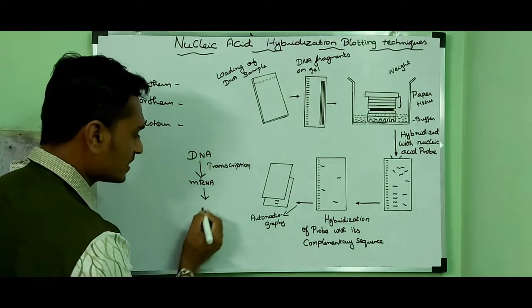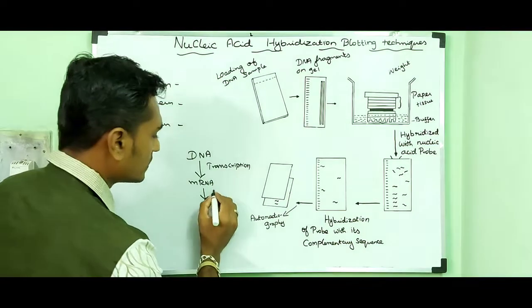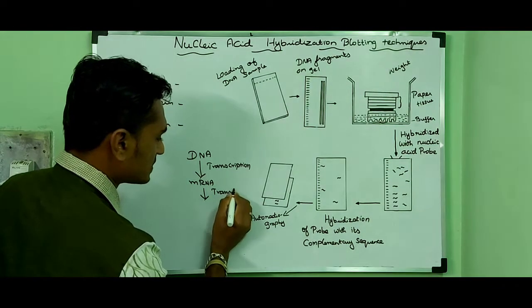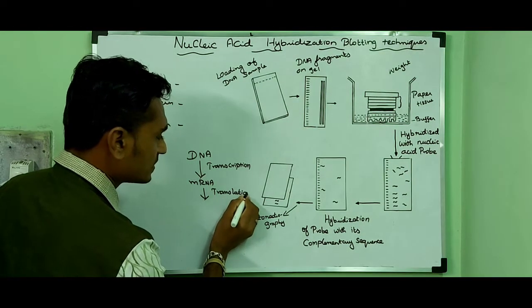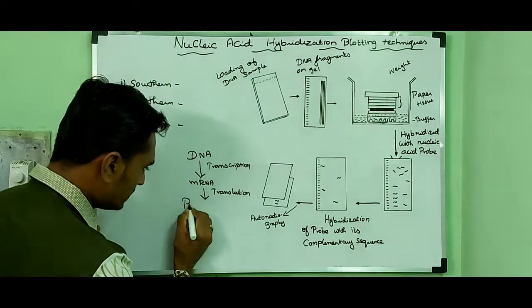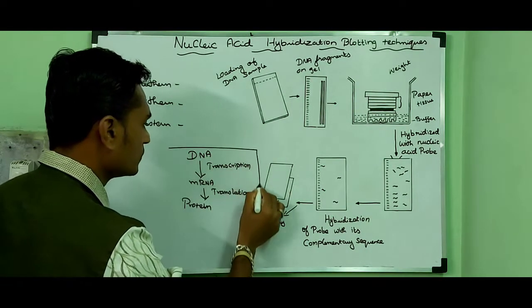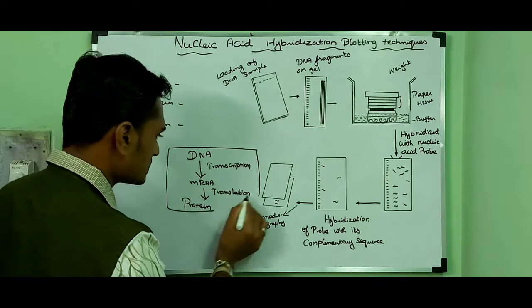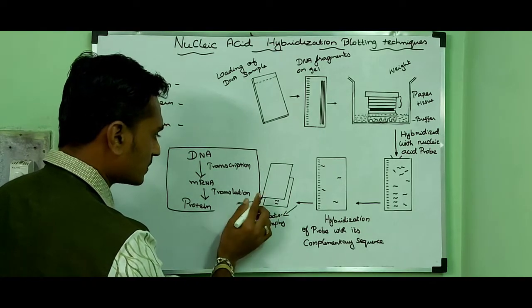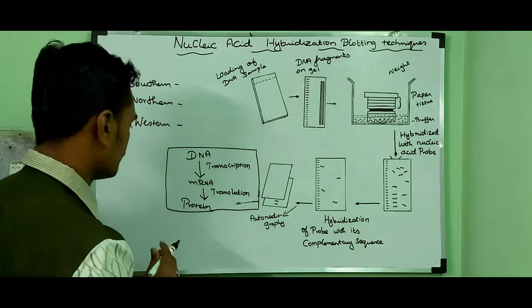Then this mRNA can undergo a process called translation, resulting in the formation of a protein molecule. This is called the central dogma of molecular biology.